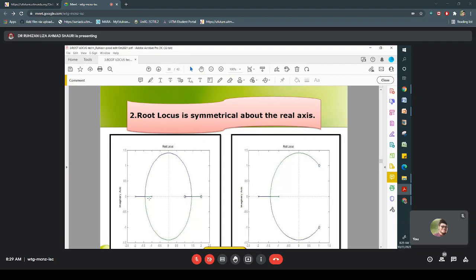One locus out from an open loop pole goes to one of the zeros, and another, out from the pole, goes to the other zero.